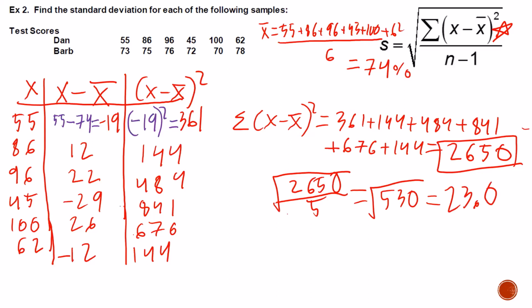So remember, the rule is, even though it's a 0, I should round it. So I should show that it's 23.0, right? So that is my standard deviation.